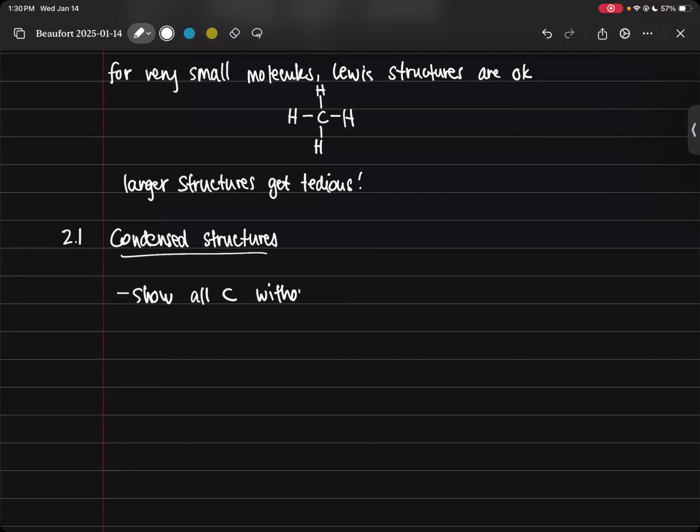It's not going to show bonds, with some very occasional exceptions. And we're going to write in the hydrogens next to the carbon that they go with. So let's use, instead of pentane, hexane.